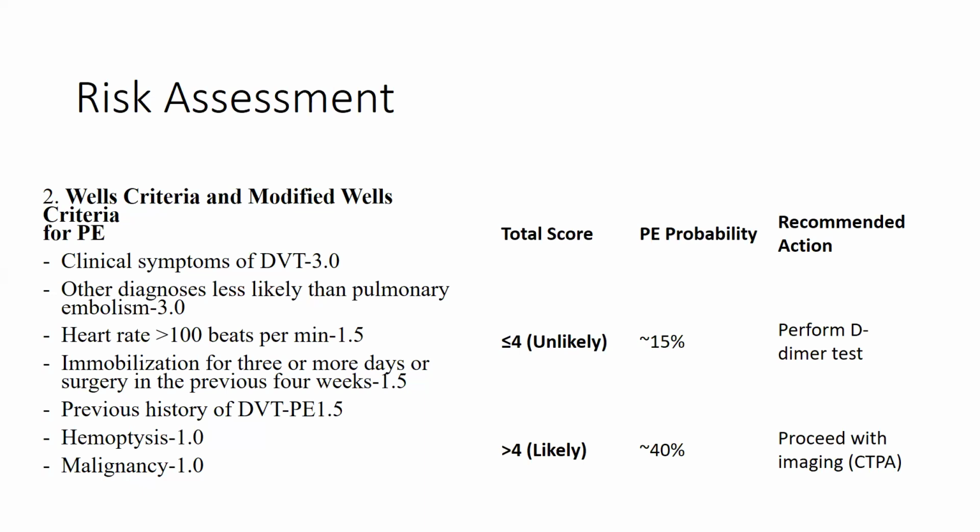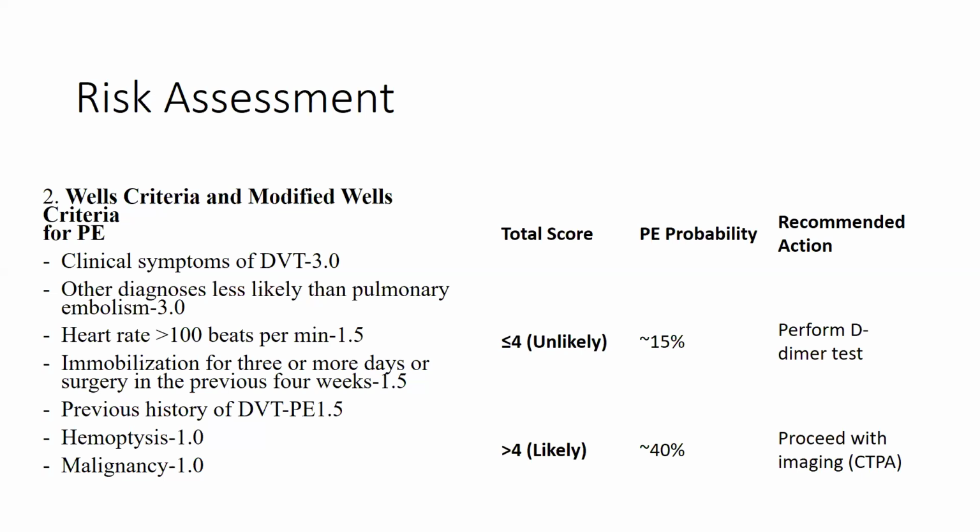If the patient is tachycardic, you give 1.5. If the patient has been immobile for 3 or more days or has undergone surgery in the previous 4 weeks, you give 1.5. If the patient has a previous history of DVT or PE, 1.5. Hemoptysis will give a score of 1, and malignancy a score of 1.